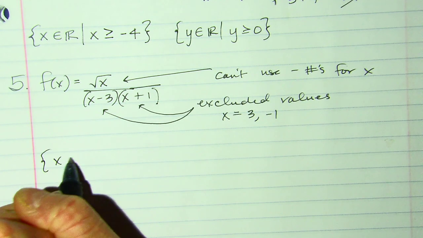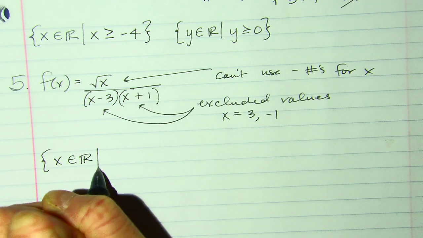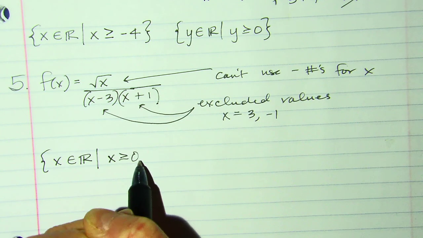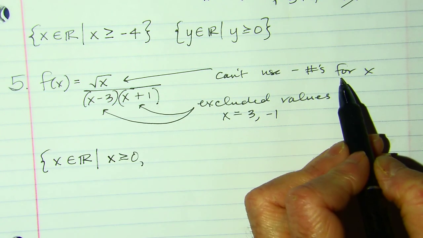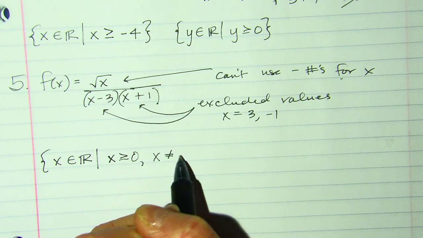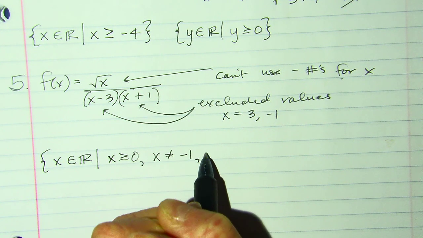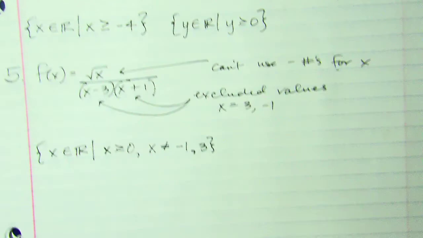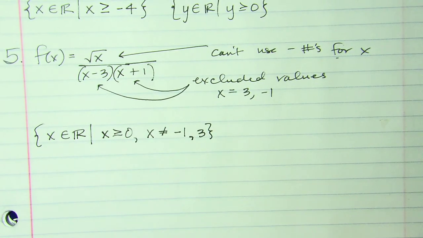So x is the set of all real numbers such that I know x has to be greater than or equal to 0. That takes care of this. Okay? I also know that x cannot equal negative 1 or 3 because those numbers would produce 0 in the denominator. So there's multiple things going on here.